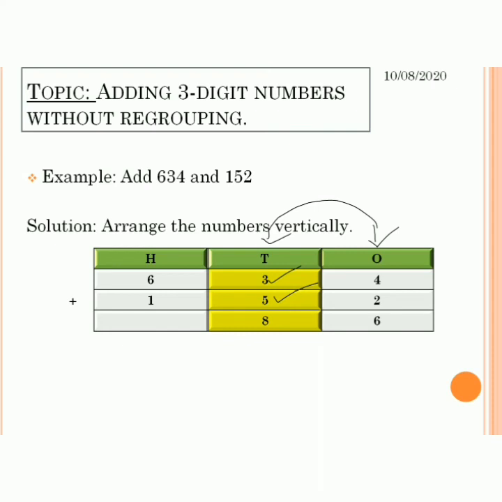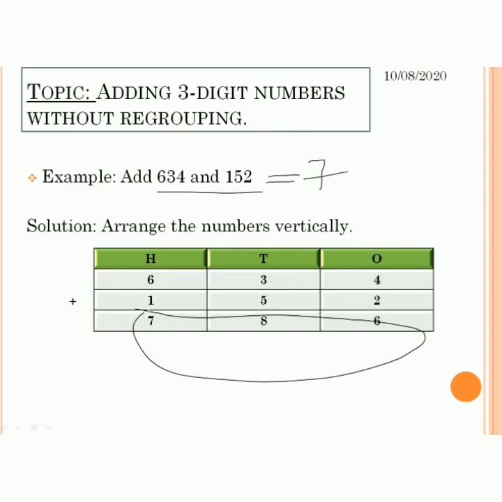Okay, now once we have added the numbers in the tens place, we will move on to the hundreds place. Okay, so what is 6 plus 1? 6 plus 1 is 7, isn't it? So we have got 786. Okay, I hope all of you are clear, isn't it?